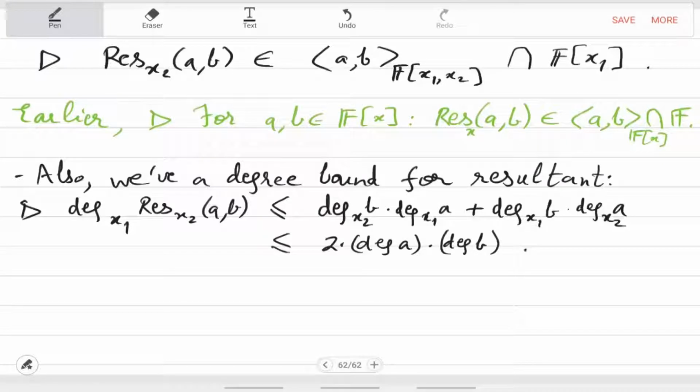So we say that the resultant is a low degree polynomial. It is univariate and it is contained in this bivariate ideal. So that finishes the discussion on the resultant.